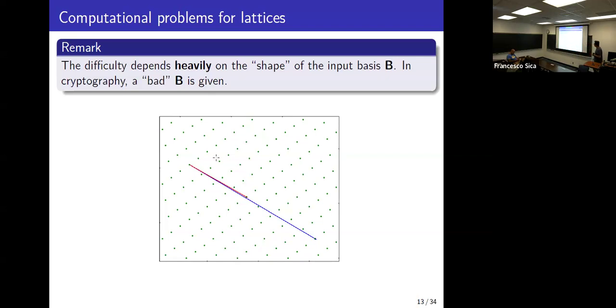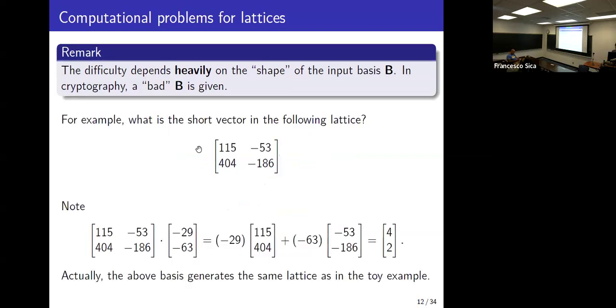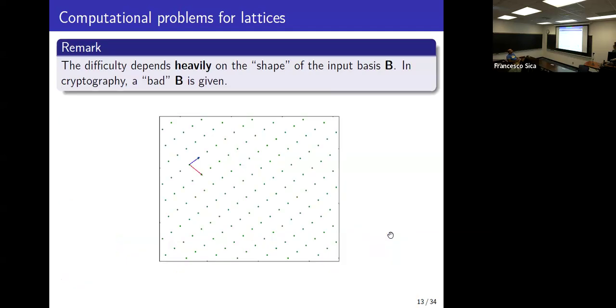So the question is, if you see these two vectors over here, how do I figure out the shortest vector, or how do I recover these two vectors? For example, numerically, if given this, how do I know that it corresponds to (4, 2)? That's exactly the difficulty of this problem.